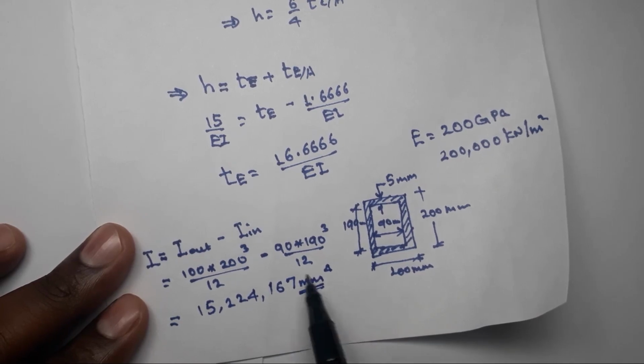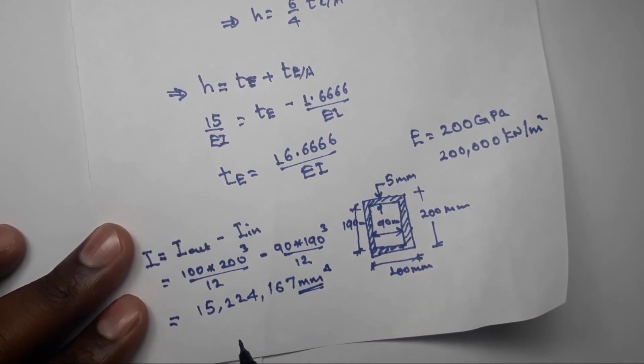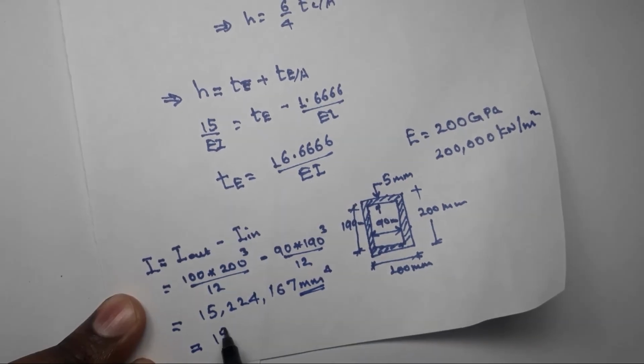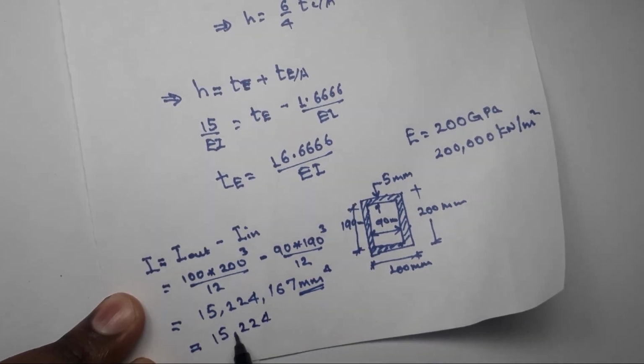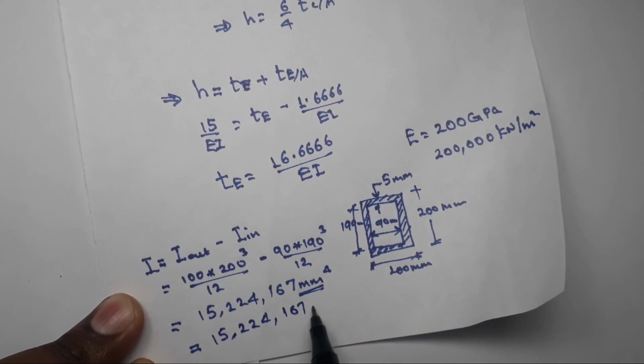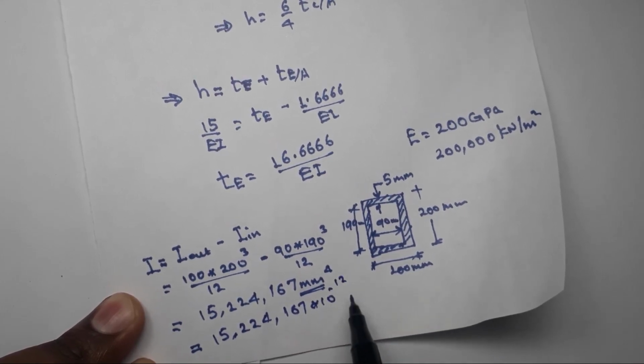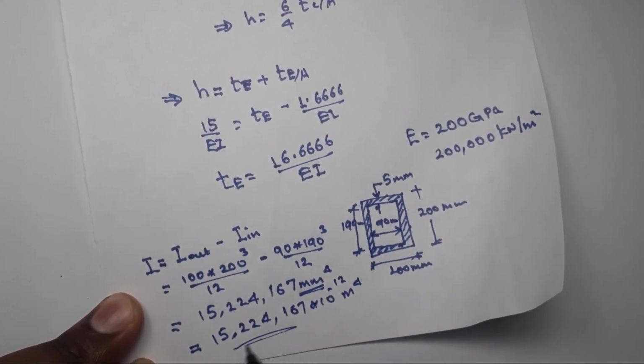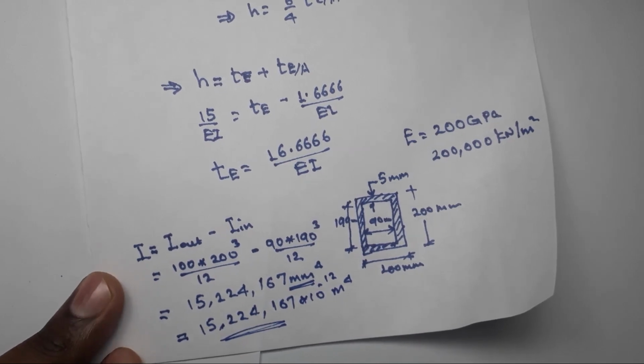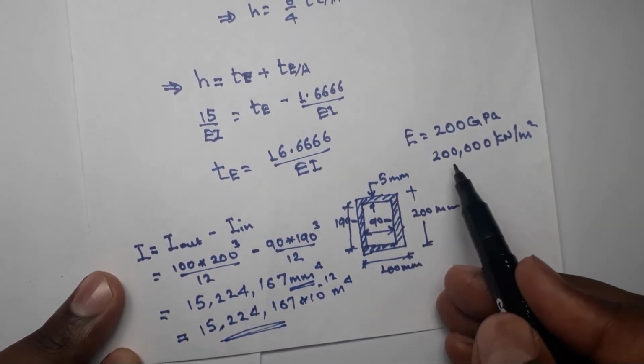You have to change this into meter, so you will get 15224 times 10 to the power of minus 12 meter to the power of 4. This will be my moment of inertia, this will be my modulus of elasticity.